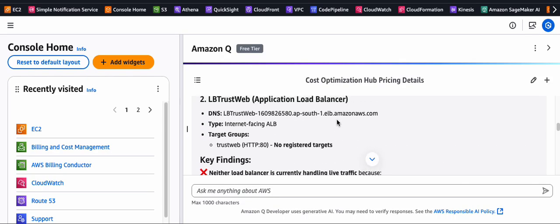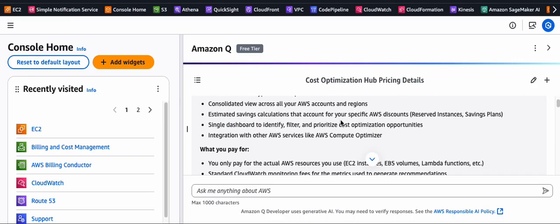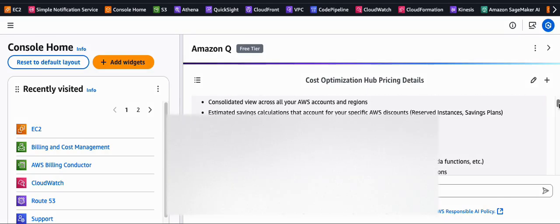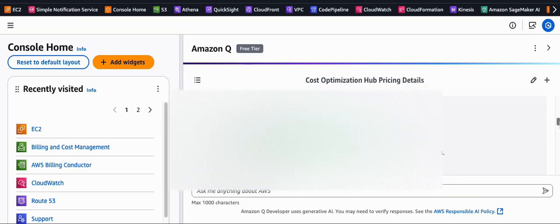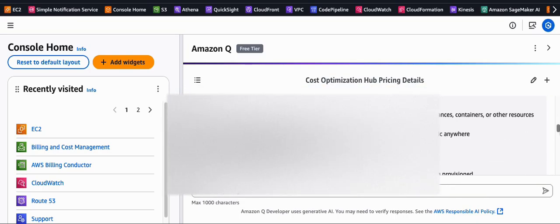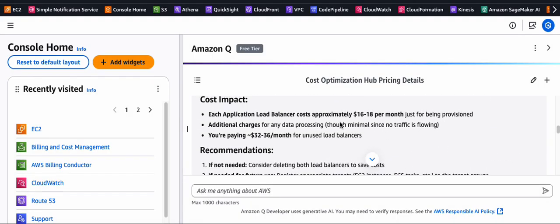And see, if you go through the chat, it will be helpful. It will help you find out what is going on over here. It helped me find which instances and which load balancers are not useful, because those two load balancers I created, I was not using them.